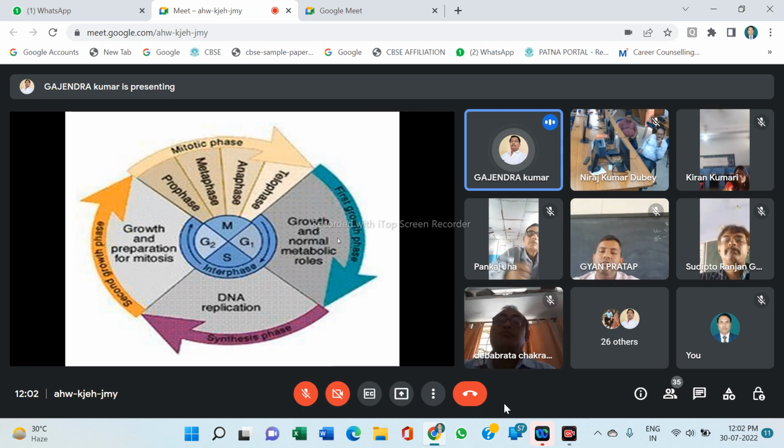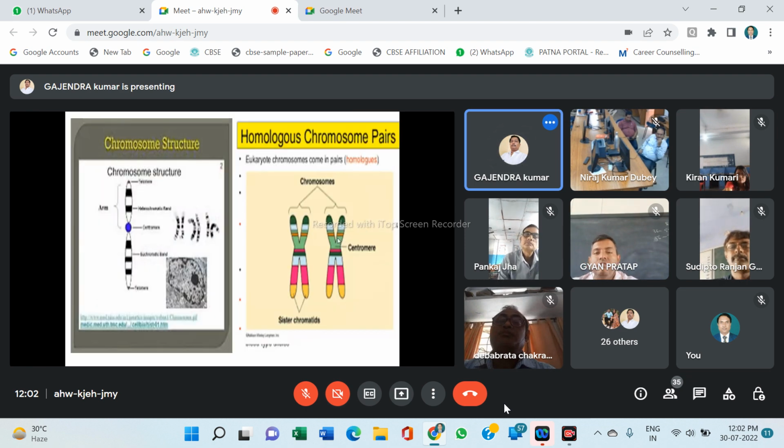When the cell divides, it forms a large number of cells, plenty of cells, and cell growth takes place. What happens when a large number of cells are formed? The differentiation leads to formation of tissue.